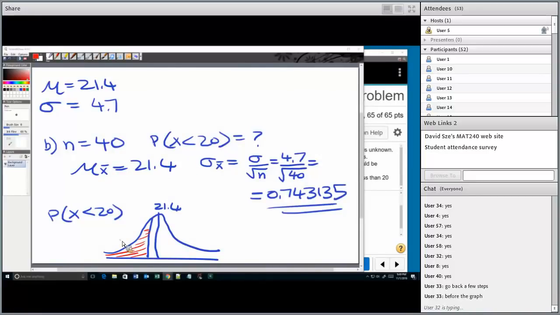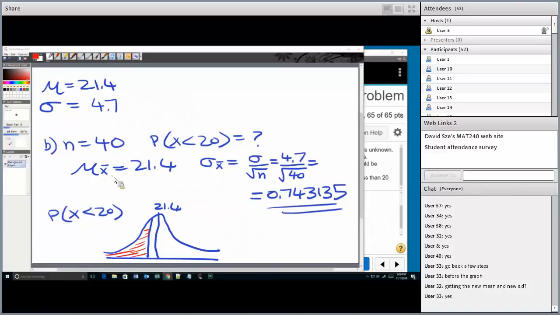I'm not sure if I'm following. So I think what you mean is this part here, getting the new mean and the new standard deviation. I think it might help, Sandra, if you go over the recording one more time, maybe.